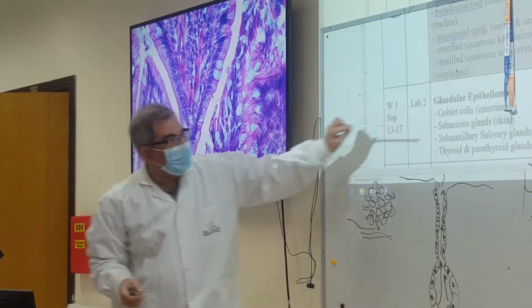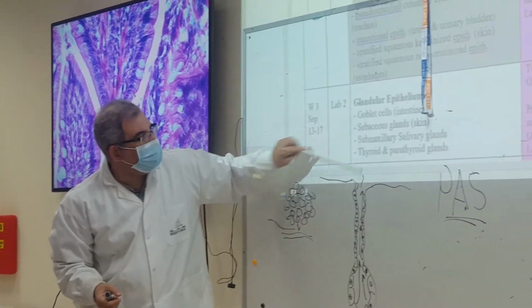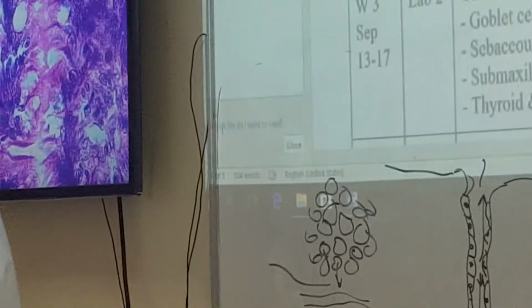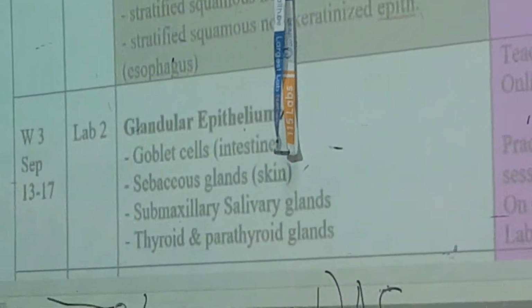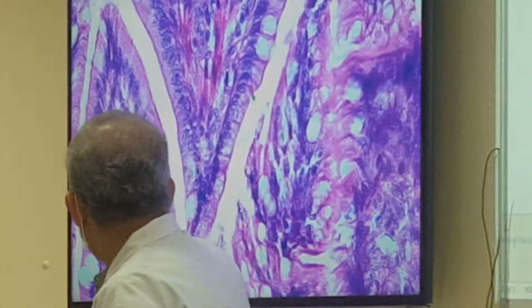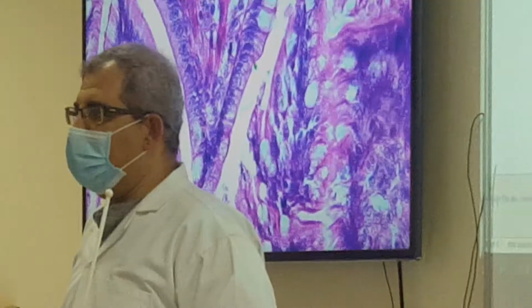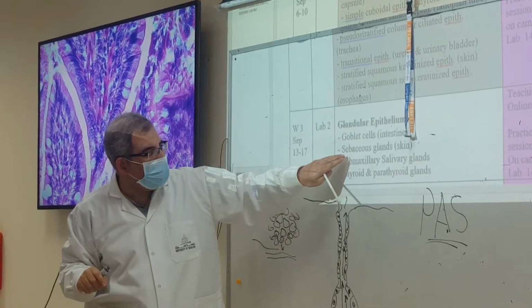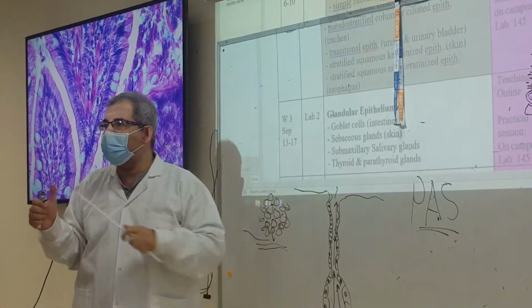Today we will see different types, like four slides on this. This is the first one, the goblet cells. The simplest one; when it comes to the exam, this is like a gift to you, a free mark, goblet cell. A little bit more complicated, we will find the sebaceous glands in the skin.